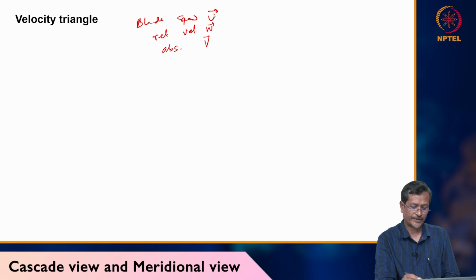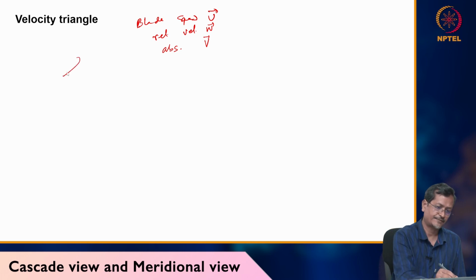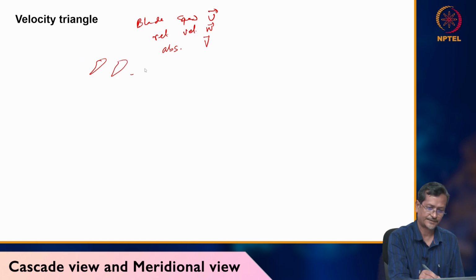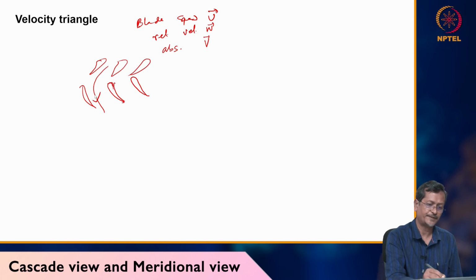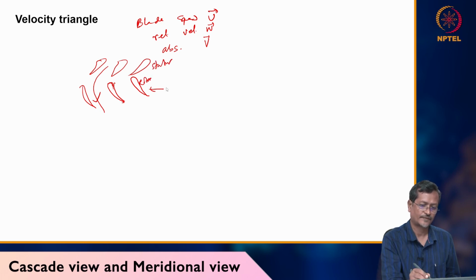So for the velocity triangle, let's say I have the stator like this, and I have the rotor like this, because fluid will be going like this. This is an airfoil shape actually, you can draw it properly. So rotor u equals omega r.